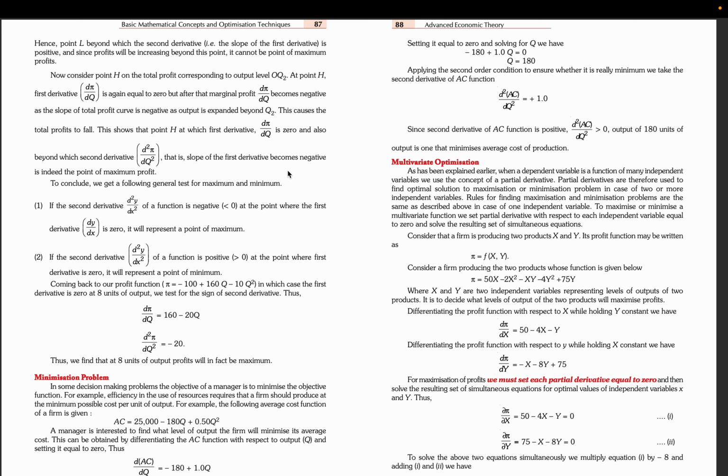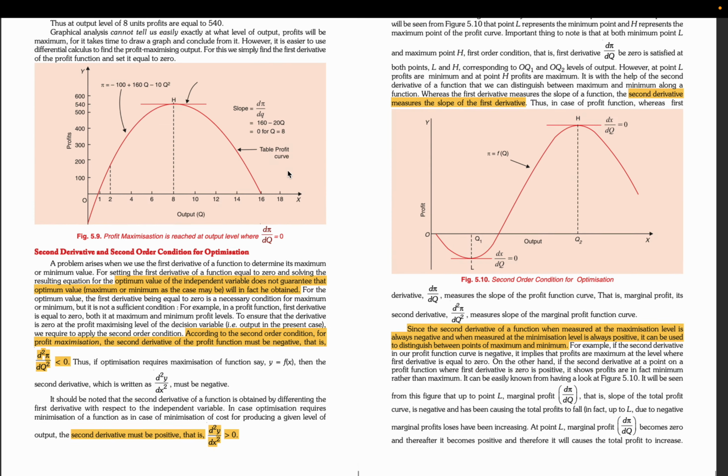Now consider point H as the total profit corresponding to output level OQ2. At point H, the first derivative is again equal to 0, but after that the marginal profit d pi by dq becomes negative, as the slope of the total profit curve is negative, as output is expanded beyond Q2.